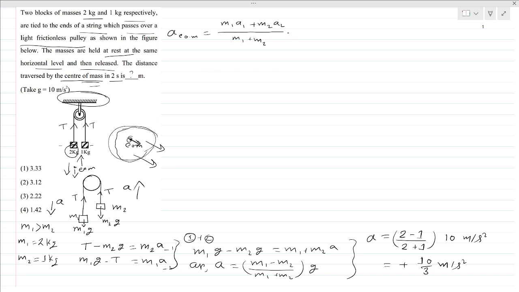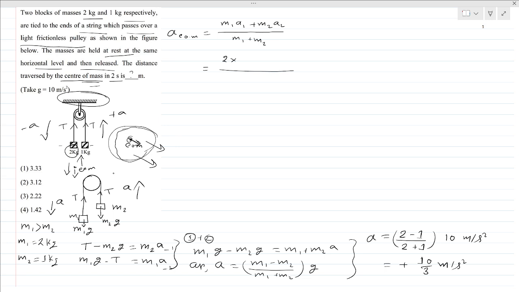Now here the mass m1 is nothing but 2 kg. So 2 into, the acceleration is plus 10 by 3 meter per second square. As you know, acceleration is a vector quantity. So if you consider the acceleration positive for upward direction, then acceleration will be negative in the downward direction.